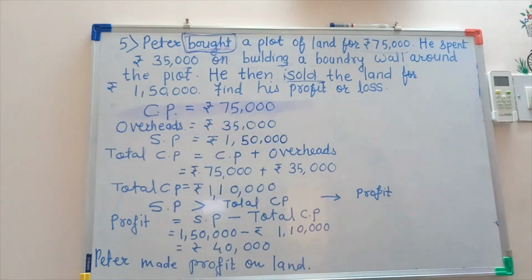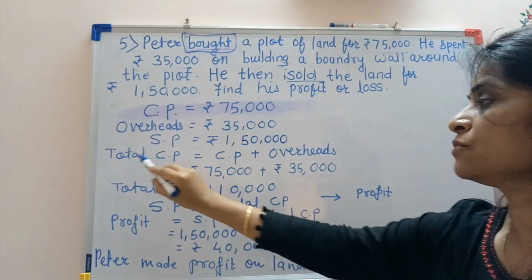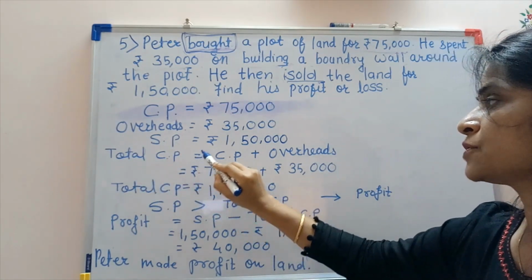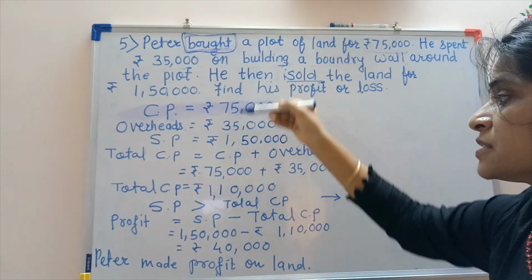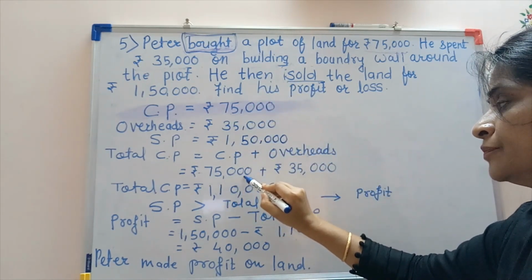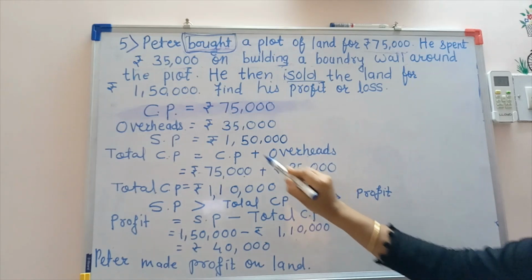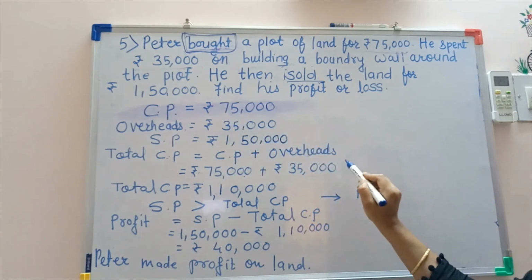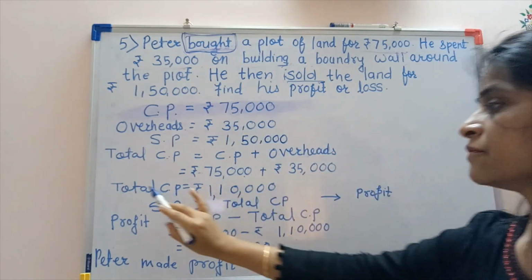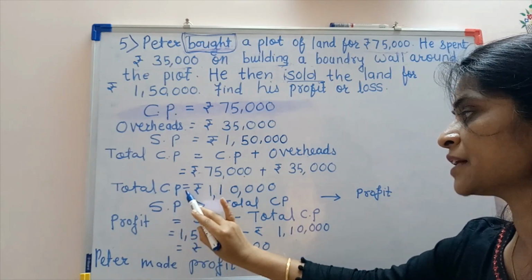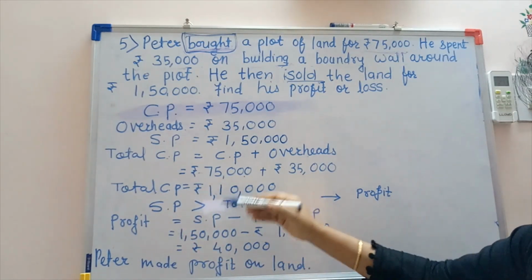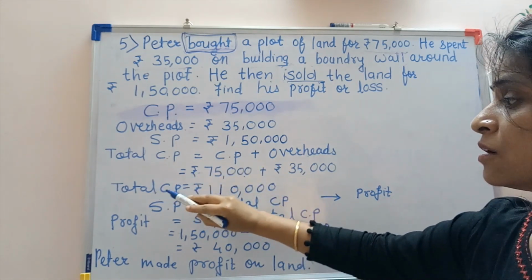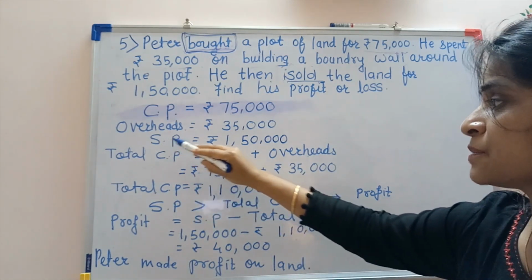Now here we will find the total CP. Total CP is equal to CP plus overheads. Here the CP is 75,000 and the overheads is rupees 35,000. When we add, we get the total CP, that is rupees 1,10,000. Now compare whether the total CP or SP is greater.